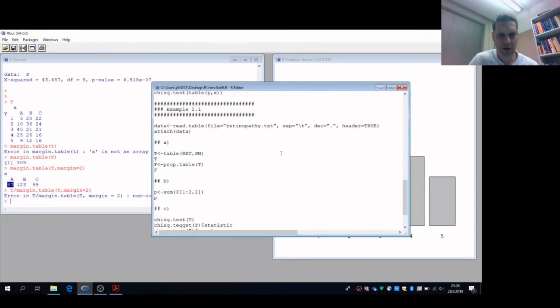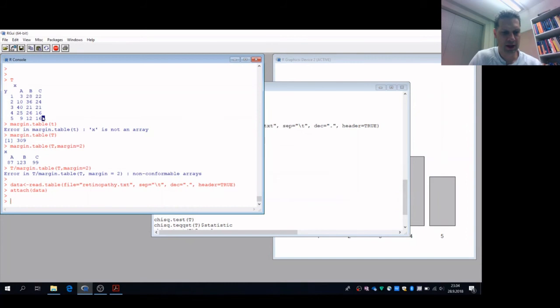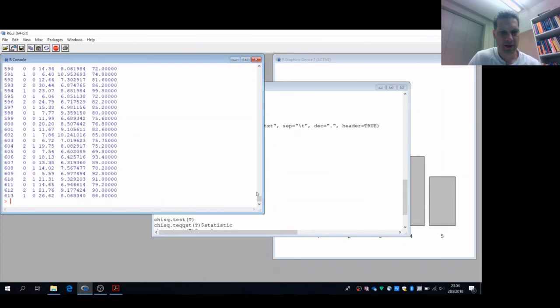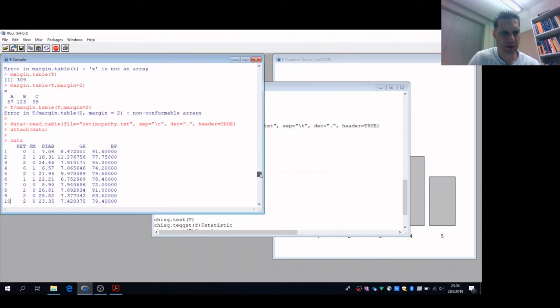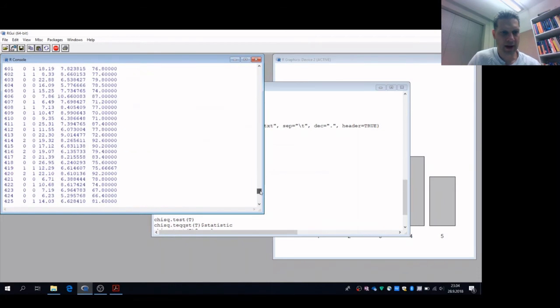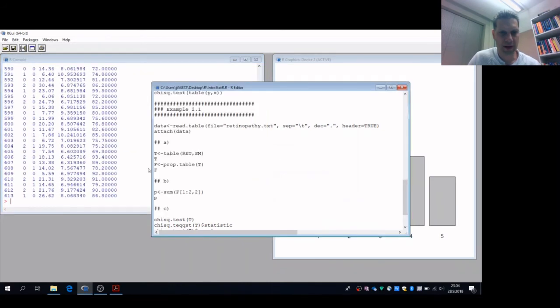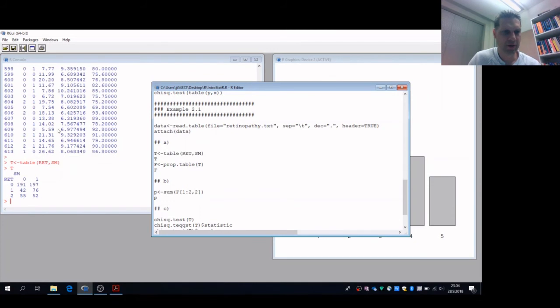So if we go to this example, then just using this sort of a table, ret SM, we need to first create, of course, read this data before we continue. So the data looks like this way. The table which is asked to do here is basically a frequency table.